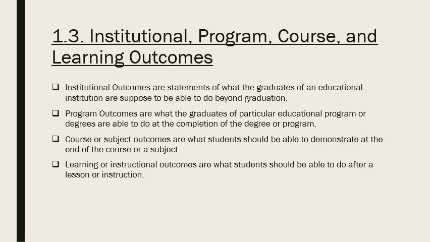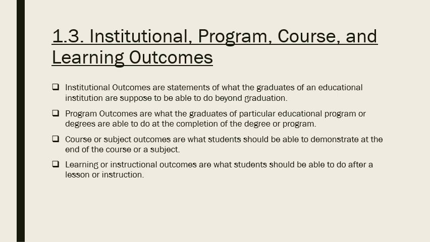These are what the graduates of a particular educational program should be able to do at the completion of the degree or program. Okay? So the program outcomes are aligned so that the institutional outcomes will be attained. That means the attainment of the program outcomes is also the attainment of the institutional outcomes.